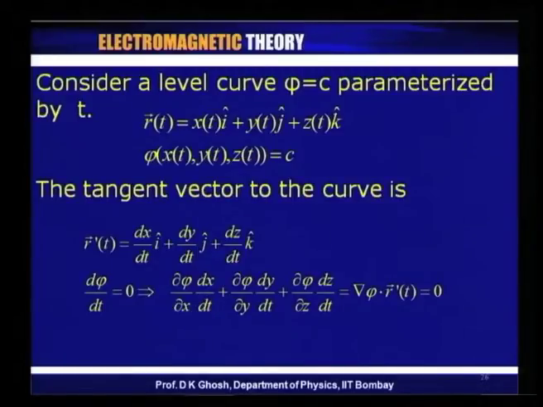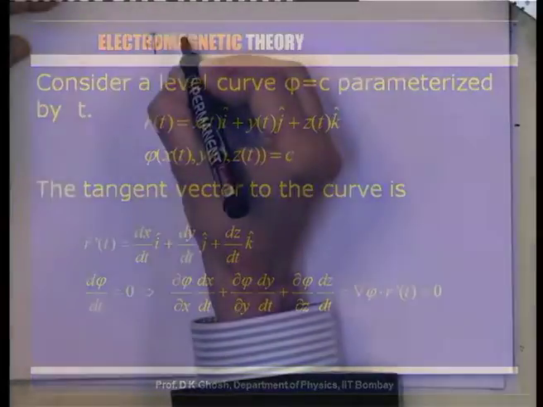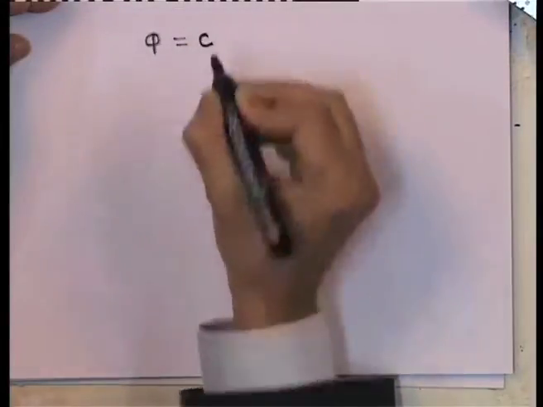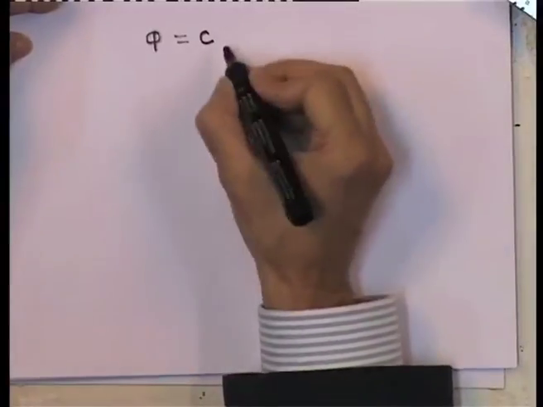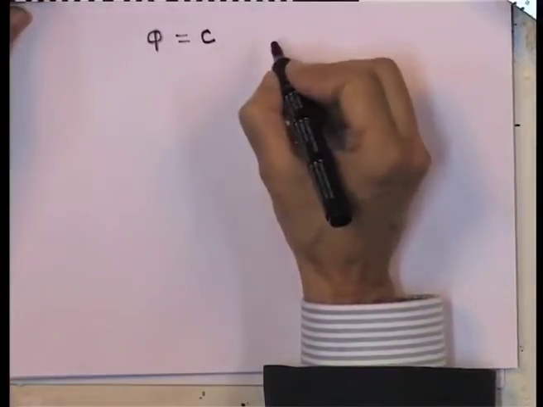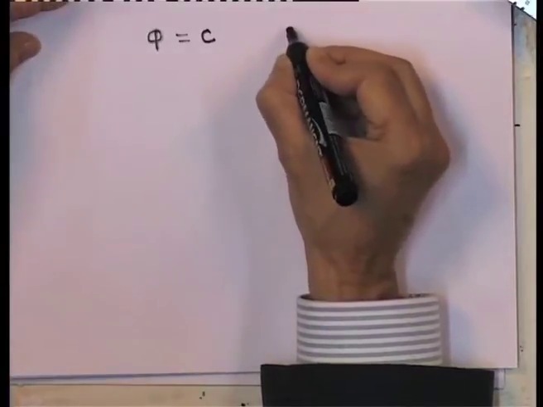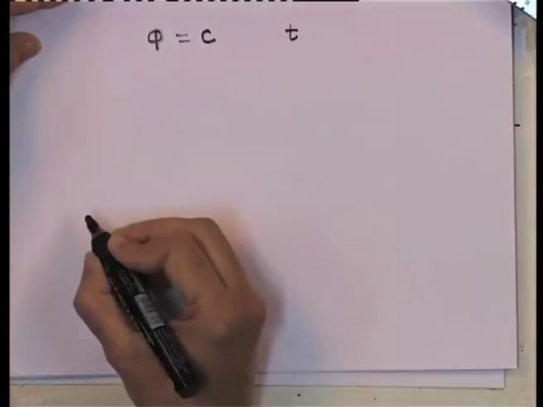So, we have talked about a level curve. Well, in the example that I gave you, the level curve was a circle, but supposing I am looking at a level curve for which phi is equal to c, which is a constant. And let us say that this curve is parameterized by a variable t.